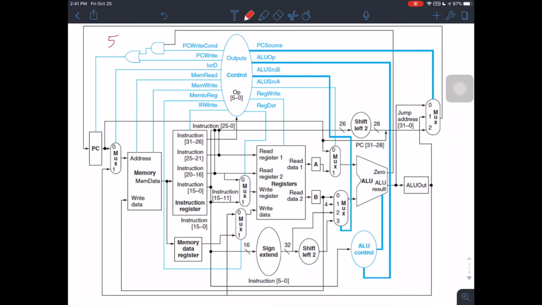Then in the fifth cycle, the newly incremented RS address will be sent back to register RS so that it can be updated. And that's it for the store word increment. It's very similar to the regular store word.